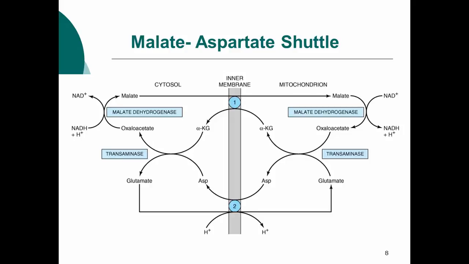Why? Because they're already inside the mitochondria, right? They don't need the transport system. So they can directly go to the electron transport chain and produce the 3 ATPs, right?